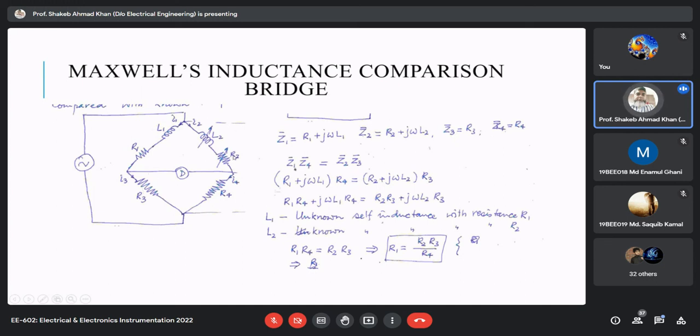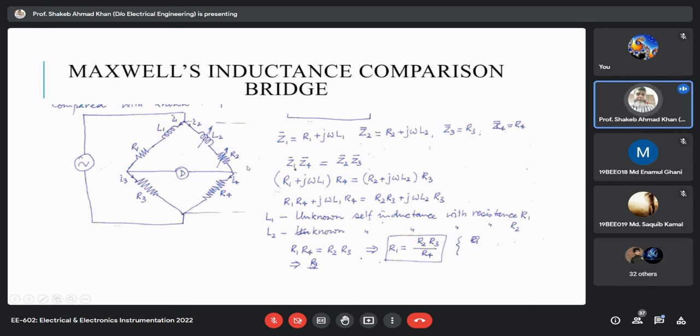Another arm has variable inductance and variable resistance. We require these two standard variable elements to balance the bridge. Then we have resistance in the remaining 2 arms.